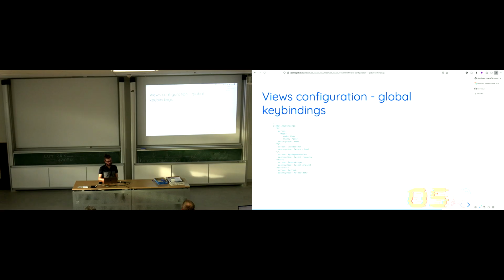Then we have view configuration, like global key bindings, like what is the shortcut that we want to use for switching our cloud, for switching projects, and stuff like that, refresh, whatever. Not really very interesting. And then we are coming to view, again, specifying which fields do we want to actually get by default from our resource, pretty much exactly the same way like in K9S, and exactly the same way as for OSC.